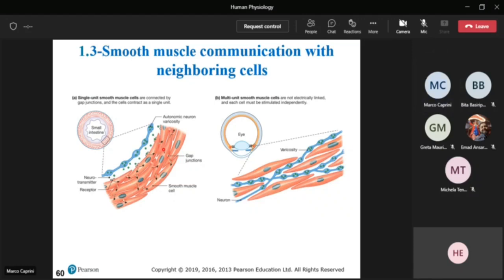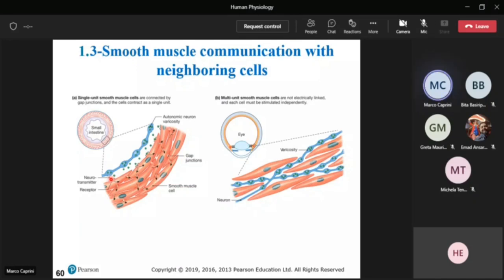So if the neurotransmitter is released here, look at the green ball here, smooth muscle cells on top of the intestine can be contracted.